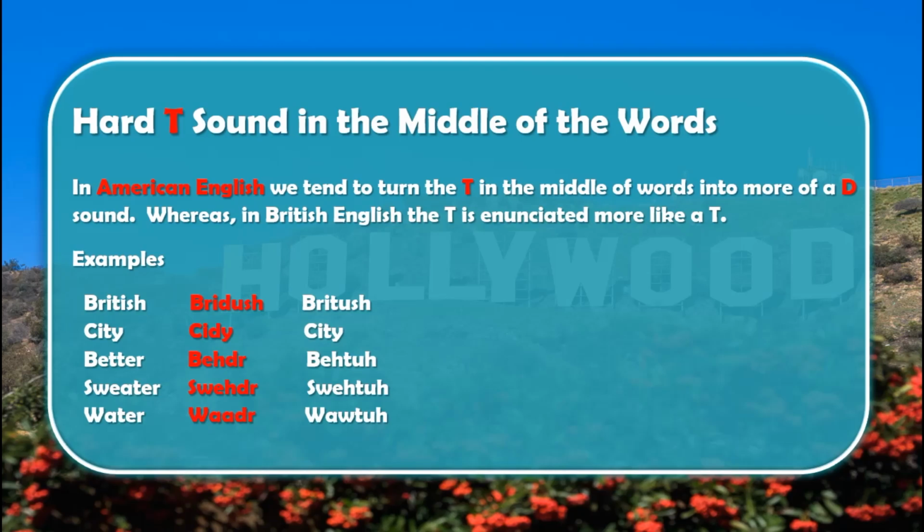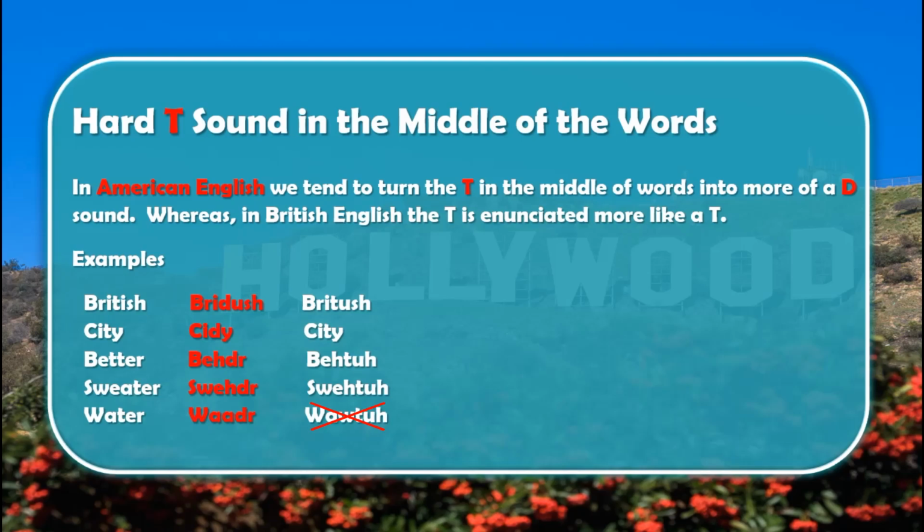So for example, the word British, we would say British, whereas in England, they would say British. The word city, we would say city. Better, sweater, water.